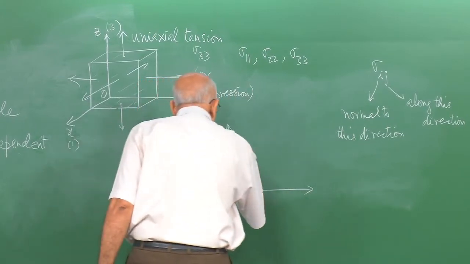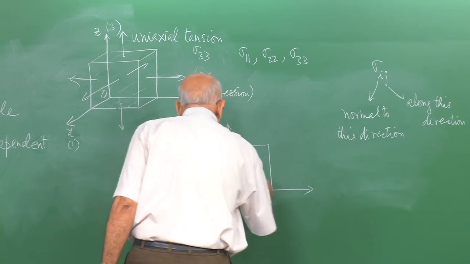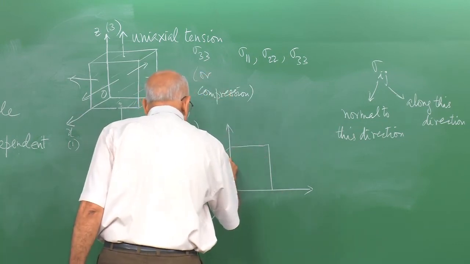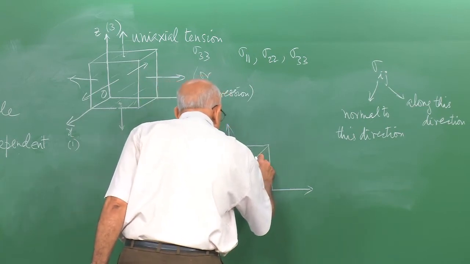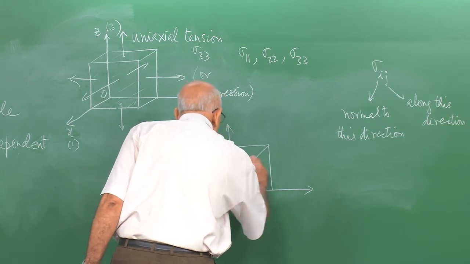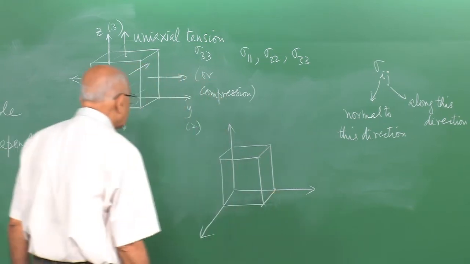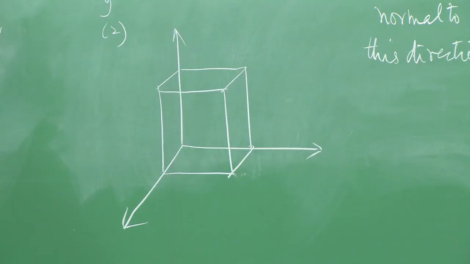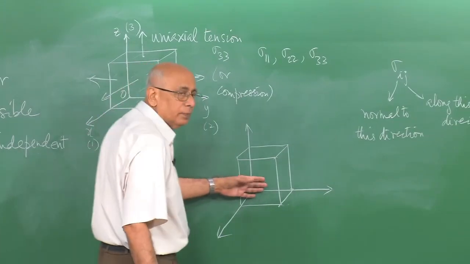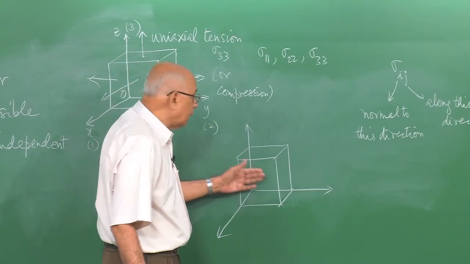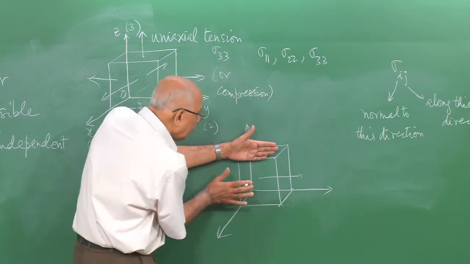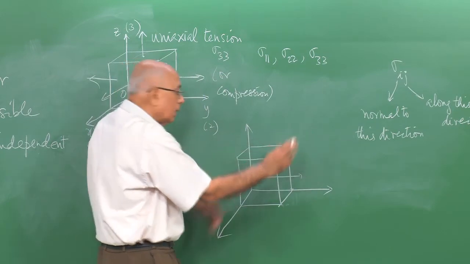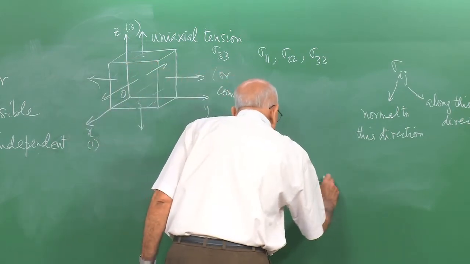There's a unit cube here. And now what's sigma 1 2 going to look like? For instance, it's got to be normal to the 1 direction, so it's on the front face, and it must go along the 2 direction. So I take this front face and shear it like this. I keep everything fixed and shear the front of the cube in this direction. That's going to be sigma 1 2.